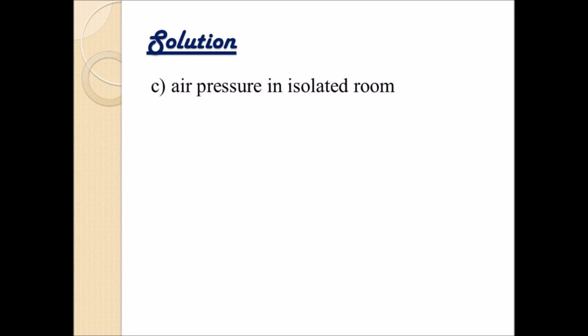We were looking for the air pressure in an isolated room. So we are assuming that not just the volume is constant, but those 4 kilograms that we've just calculated are not leaving the room. What does it mean for the air pressure? Well, in this case, the ideal gas law still holds.